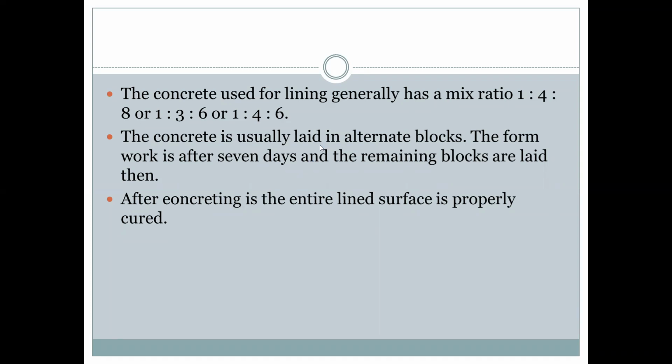The blocks laid in alternate blocks, that is one layer of the blocks, are laid first; after 7 days the formwork of those blocks is removed. Again, the remaining blocks are laid.